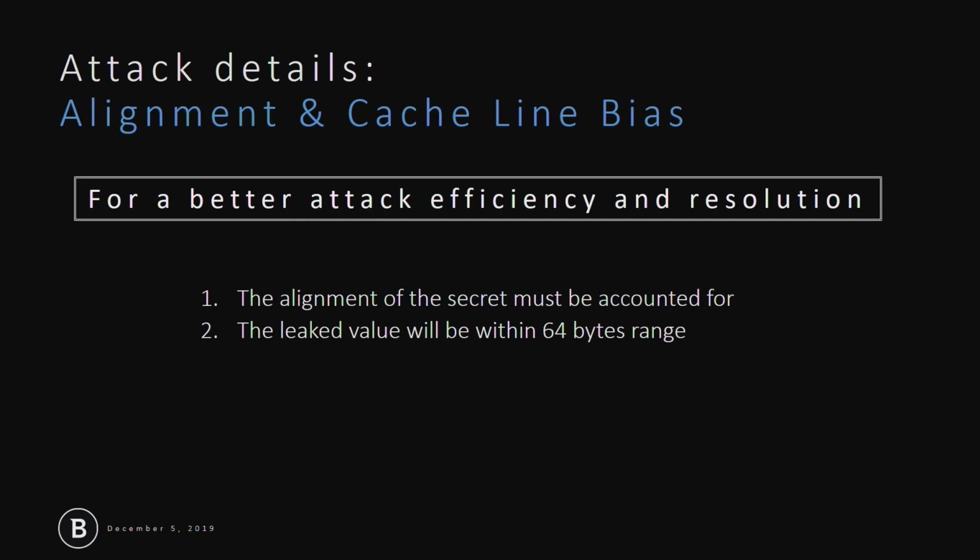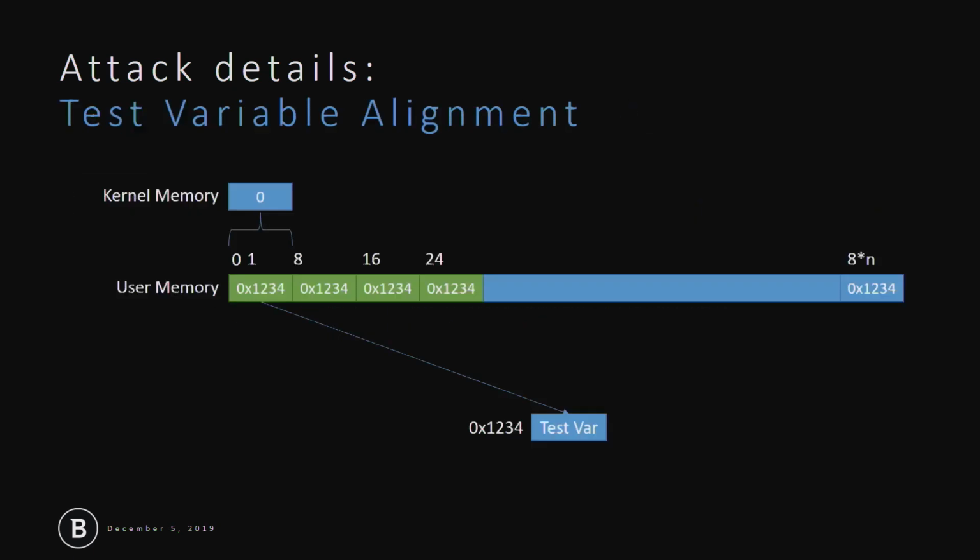Another two issues that are of particular interest for us are the test variable alignment and the cache line bias. All right? So what is the test variable alignment? The test variable, we spray its address inside the user space. All right? And the secret value may be aligned to 0, may be aligned to 1, to 2, to 3, and so on. So we don't know how to spray the address of the test variable inside our user space buffer, right?